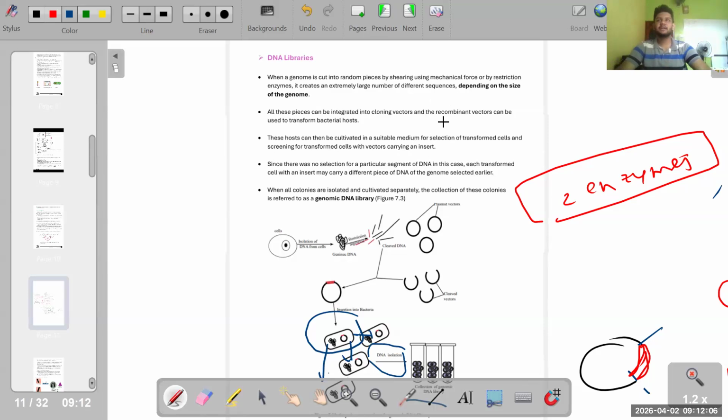That means exposing the cells to a suitable medium, suitable temperature, suitable pH, suitable moisture. Under a suitable environment, we can separate the transformed host cells from non-transformed host cells. Since there was no selection for a particular segment of DNA.